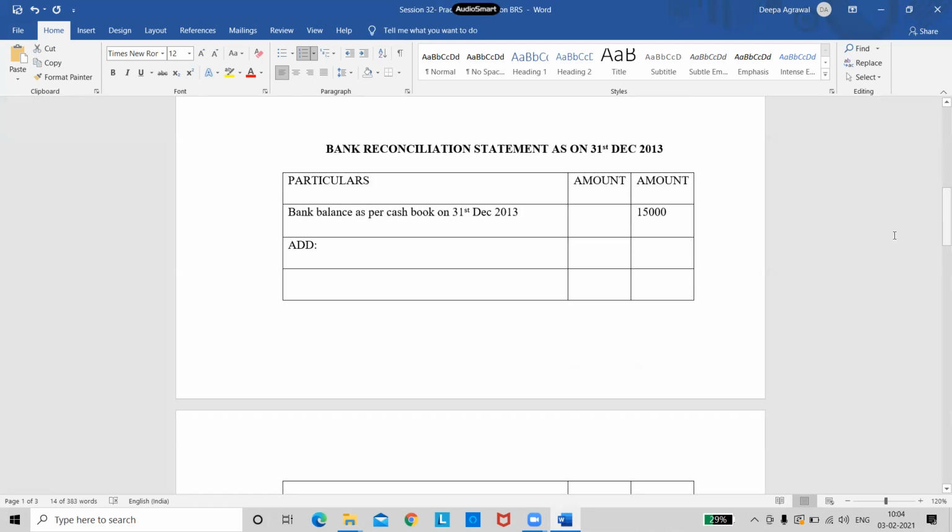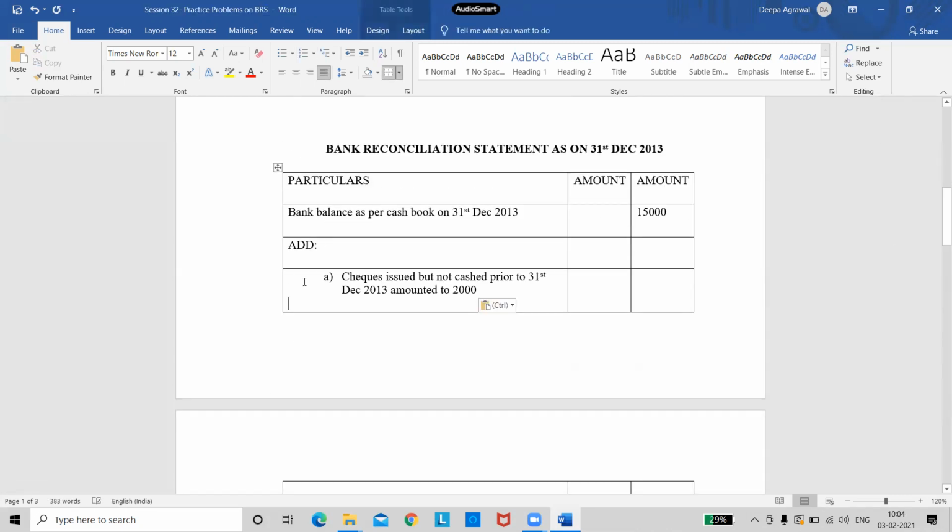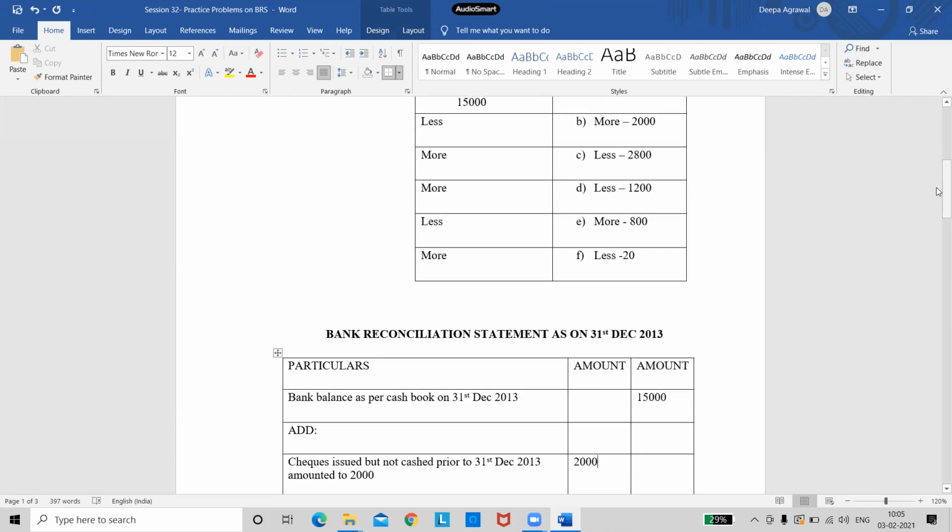So I have copied it here, and I will write the amount only in the inner amount column because I have 3 things to be added. So I will take all those in the inner column, add them, and then put it in the outer column.